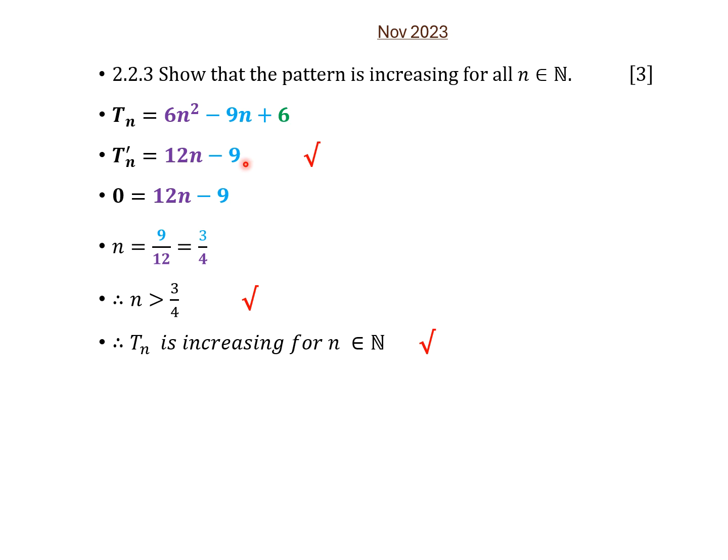So I have my first derivative equal to 0. 12n minus 9 equals 0. Therefore, if I solve, n equals 9 divided by 12, which is 3 over 4. Therefore, n is greater than 3 over 4. Tn is then increasing for n element of natural numbers. Right? Let's look at the next question.